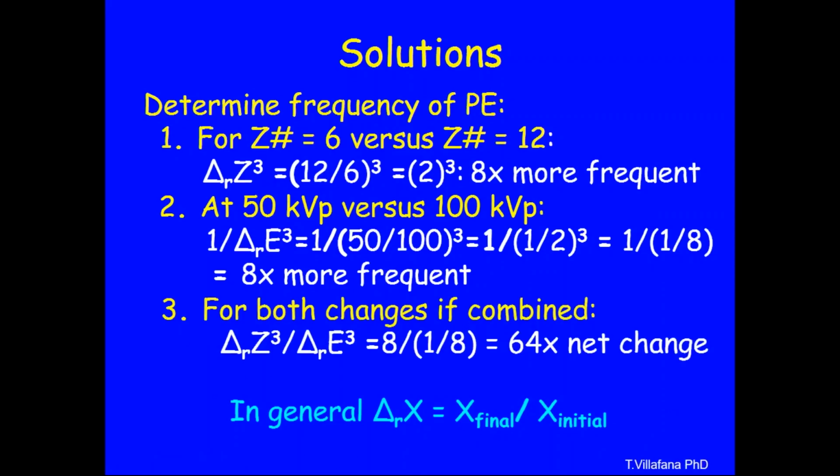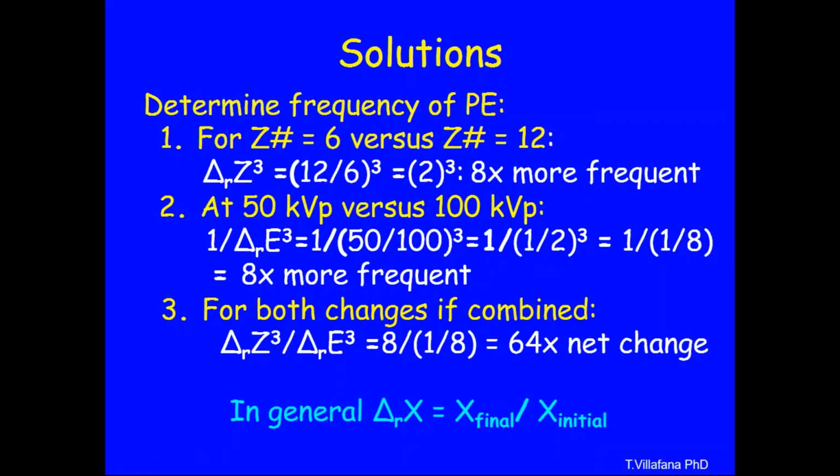Well, if you get 8 times more frequent, and the other one gave you 8 times more frequent, then you get 64 times more frequent. So the combination of going to lower energies and changing these atomic numbers give you these various variations.